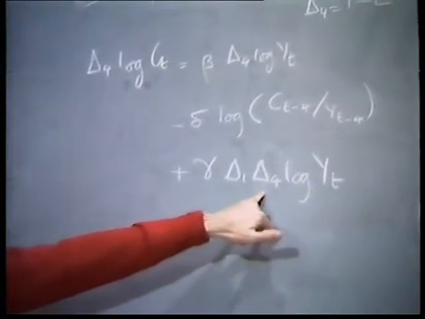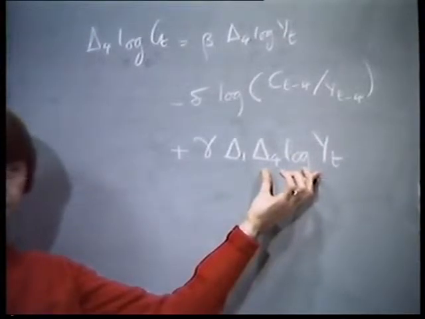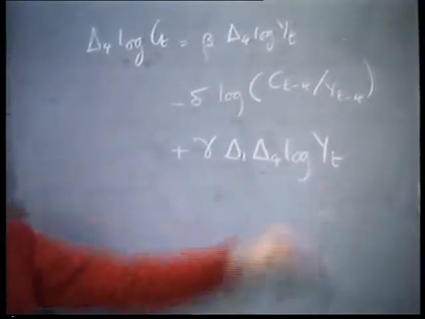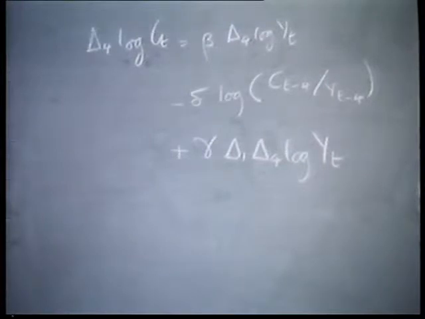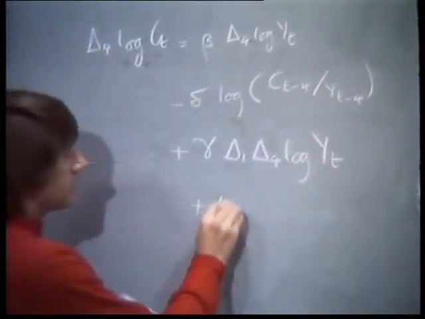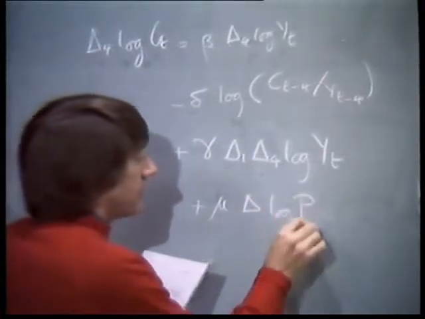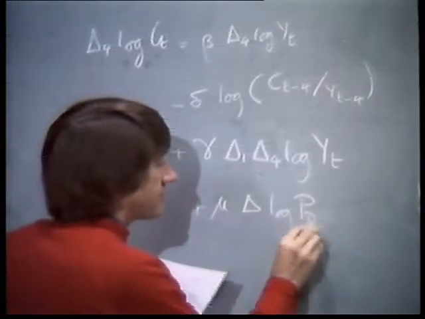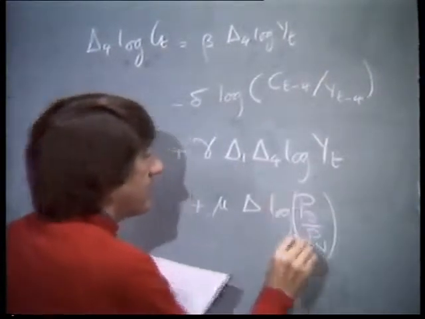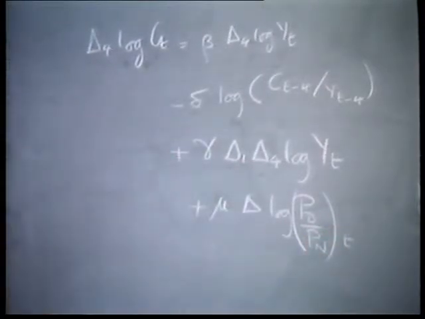The delta 1 of delta 4 is now the rate at which that income is changing through the year. So if you like, this is an acceleration effect for the changes in income that's been introduced. And in addition, we have delta of the log of the relative price variable, price of durables relative to non-durables at time t, with a constant term as well.